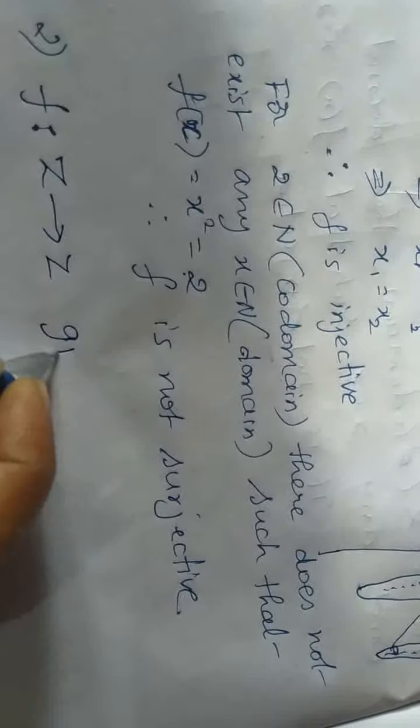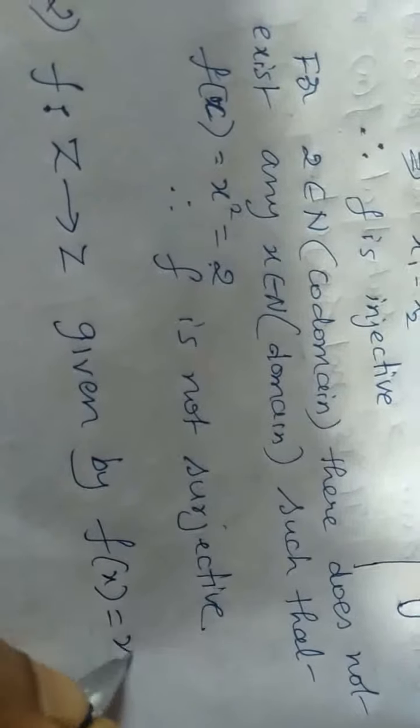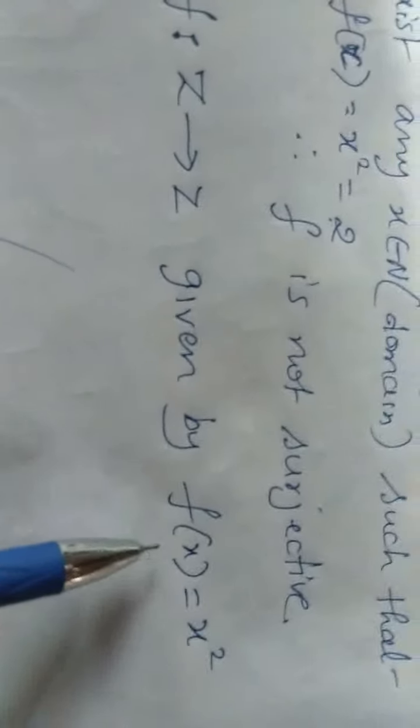Okay. Next, the second problem is f from Z to Z given by f of x is equal to x square. The function looks similar to the previous one, but domain and codomain are changed.